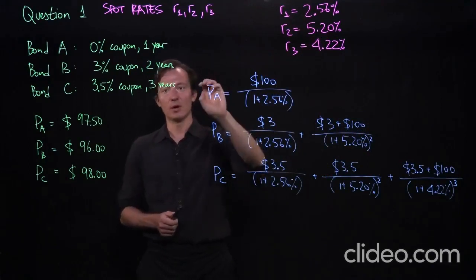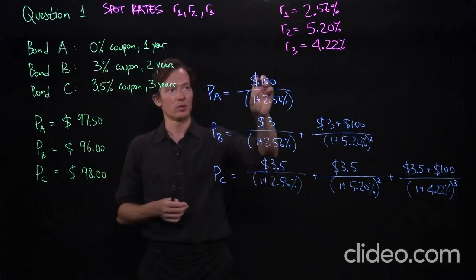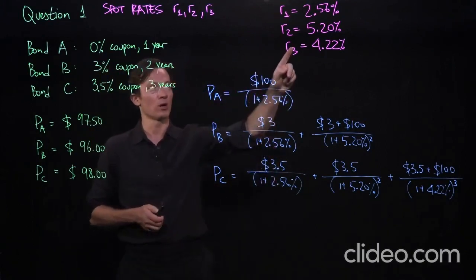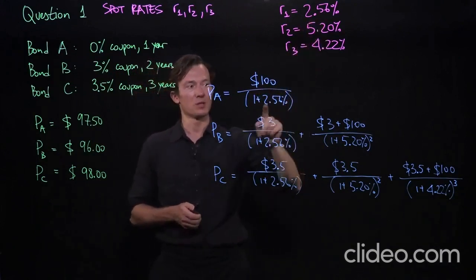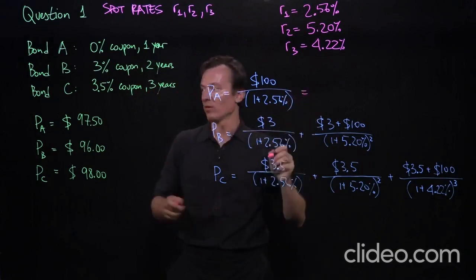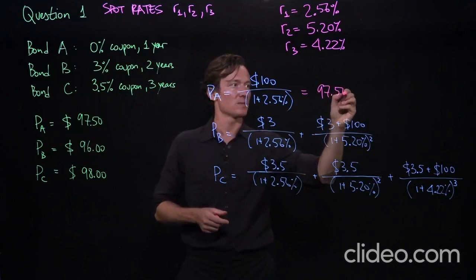The price of bond A would equal, again, it's a zero coupon bond, 1 year to maturity, so $100 divided by 1 plus R1. R1 right now equals 2.56%. So if we compute the price of bond A, we will find that it equals $97.50.